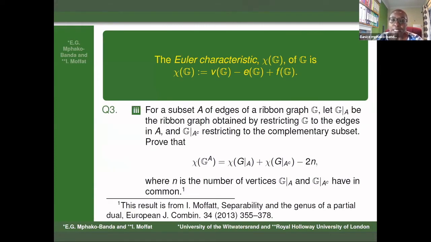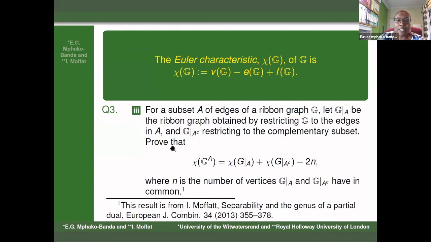For a subset A of edges of a ribbon graph G, we are going to let G restricted to A be the ribbon graph obtained from G by restricting to the edges of A. We are taking A as it is in G, but restricting only to A. And here we have G restricted to the complement of A. This symbol here denotes restriction.